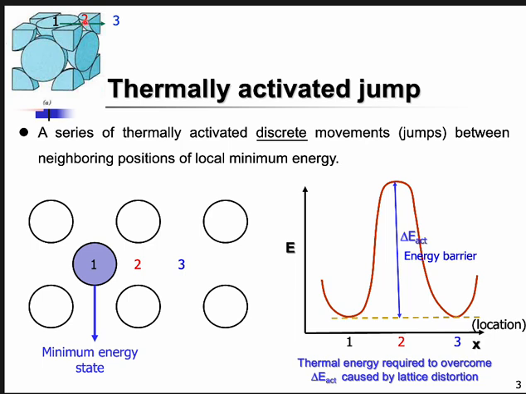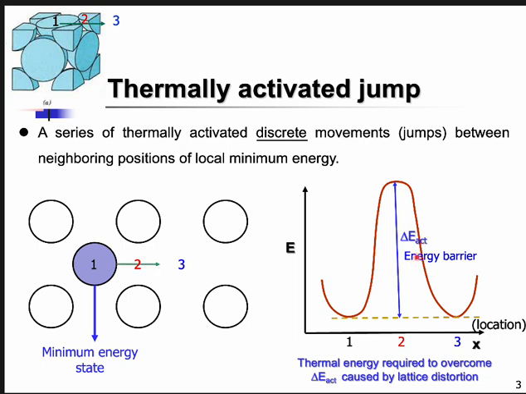But this is like a timing, right? So in order for the atom at location 1 to make a successful jump to location 3, it should overcome the energy barrier, delta E, the activation energy or energy barrier.